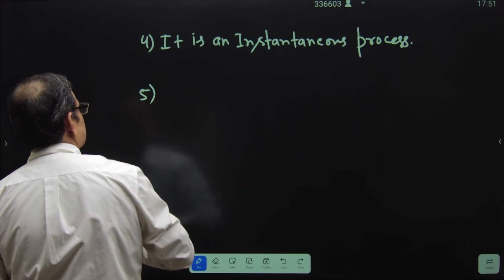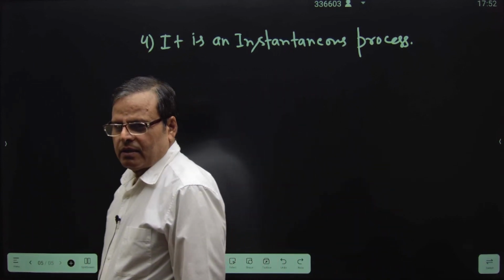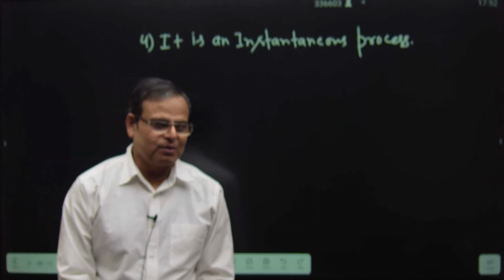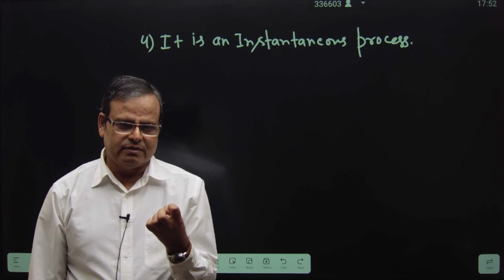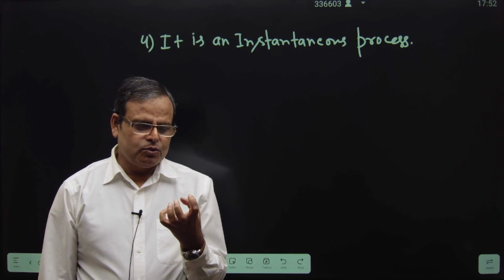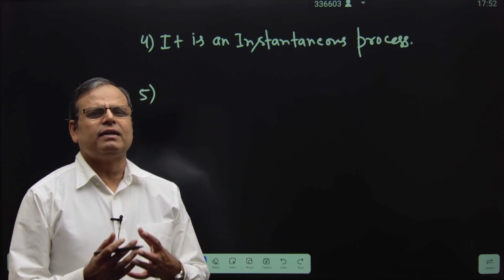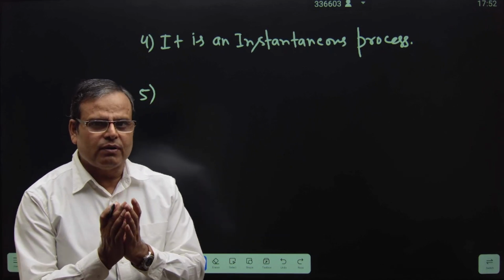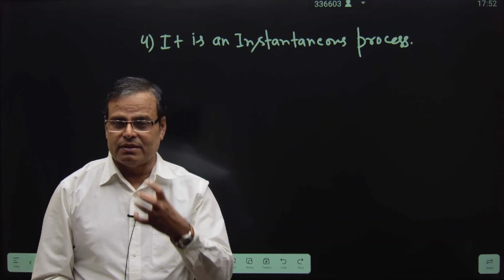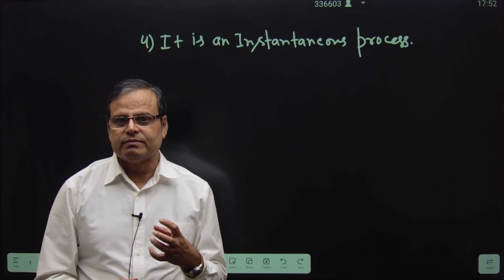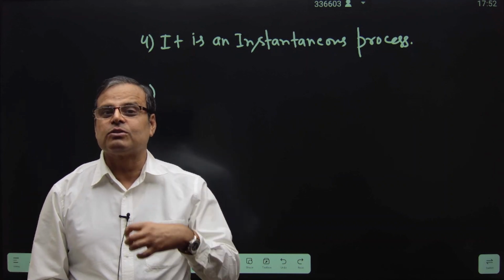And in the fifth, you can say work function. Very important. Work function means the energy required to emit the electron from its surface. The minimum energy required for emission of electrons is called work function.